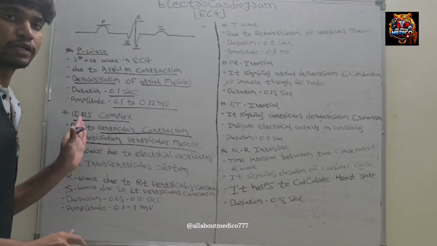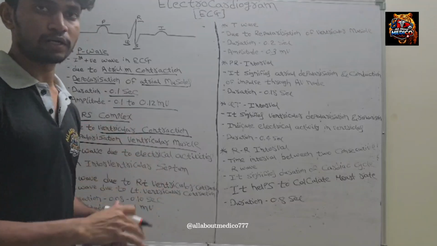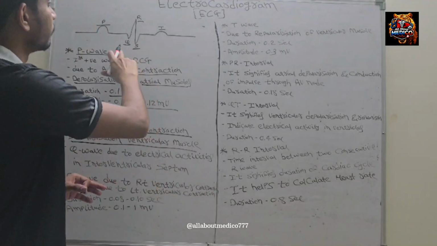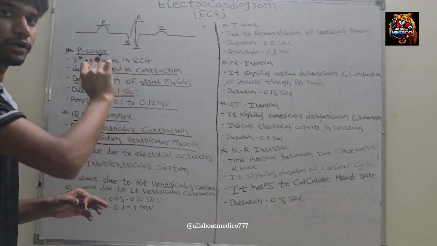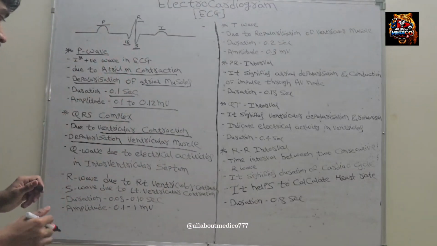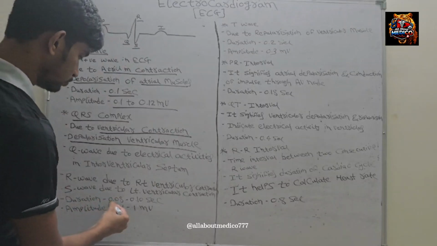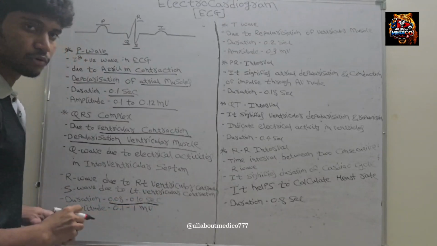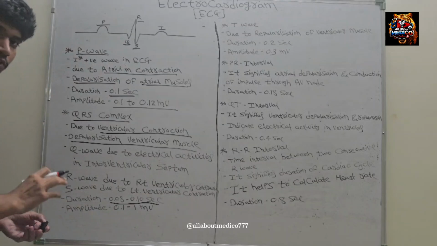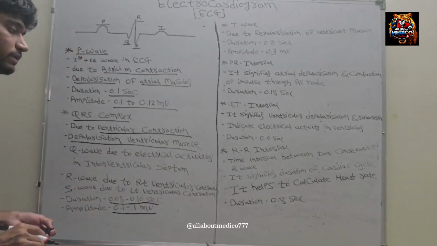P wave is due to depolarization of atrial muscles, meaning contraction of the atria. QRS complex is due to contraction of the ventricles, meaning depolarization of ventricular muscles. Its duration is 0.08 to 0.1 second and amplitude is 0.1 to 1 mV.